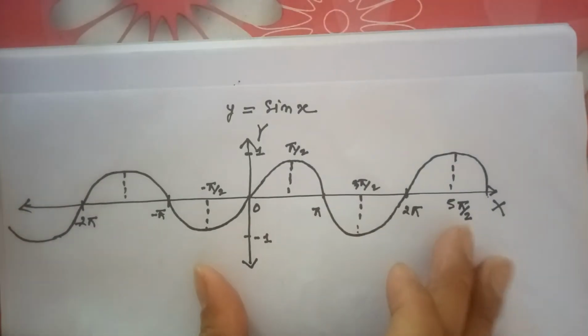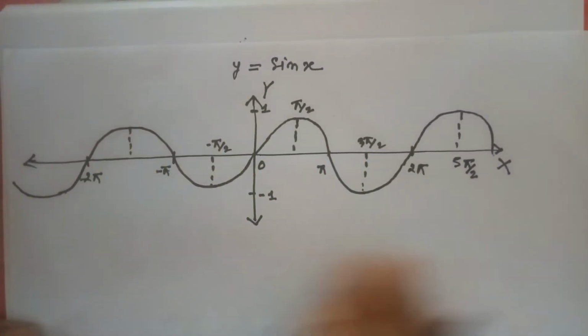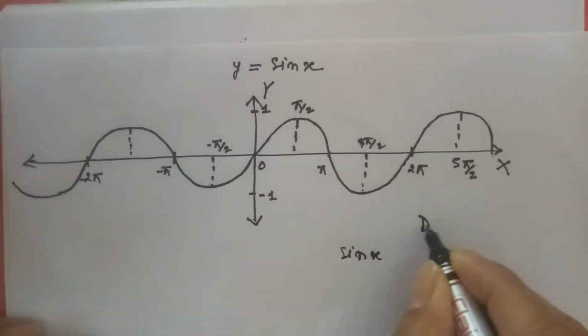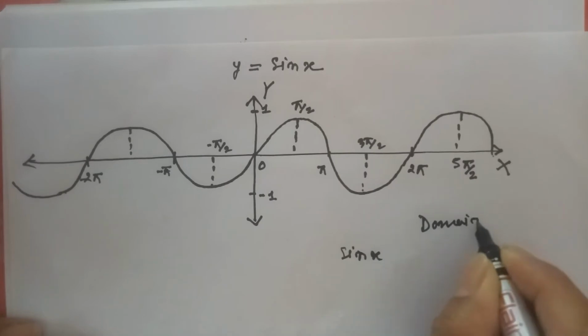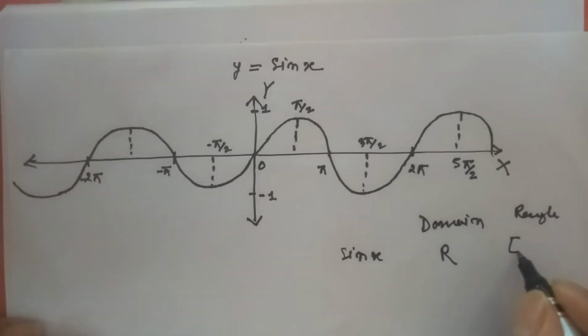We restrict our domain. Generally, we know that the domain of sin x is the real numbers and the range is minus 1 to 1.